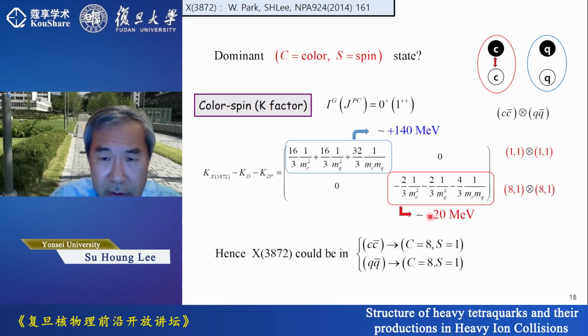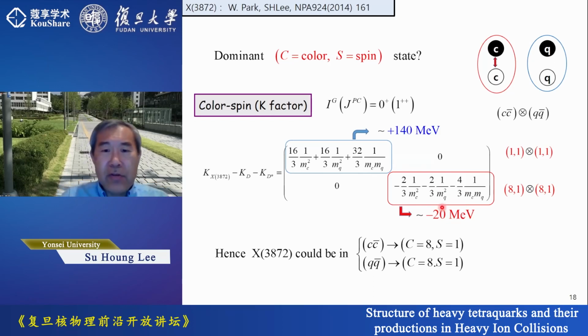And this is something like minus 20 MeV. But as I said, in order to form a compact configuration, the minimum amount of attraction that you must have is larger than 100 MeV. So therefore, this is far from strong enough for this configuration to be compact. This kind of attraction is not strong enough.